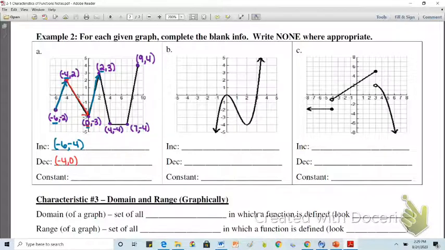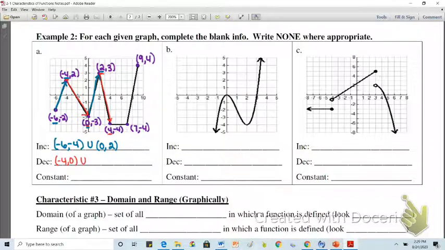So that is an increase from 0 to 2, but I already have an increase. So remember from a couple days ago, when I connect more than one interval, I need to put a U in between them. So I'm going to union that with my 0 to 2. Coming back to my graph, still tracing it, drawing from left to right, my graph goes down. That happens 2 to 4.